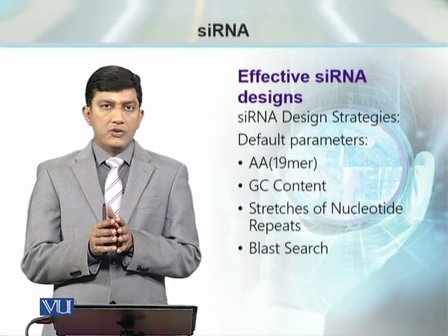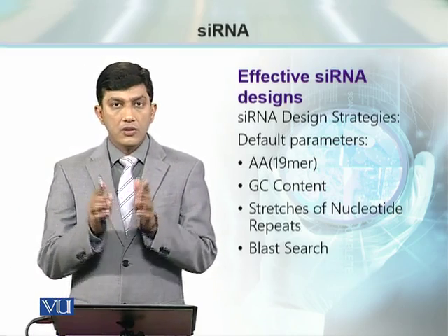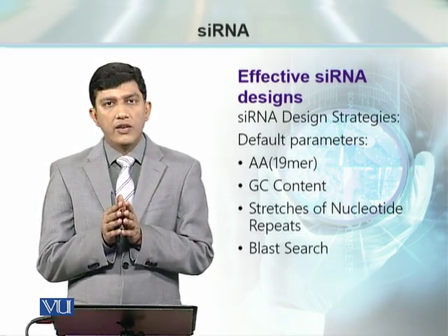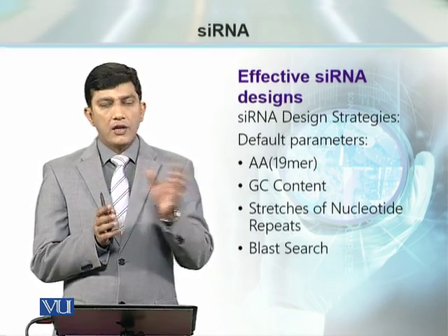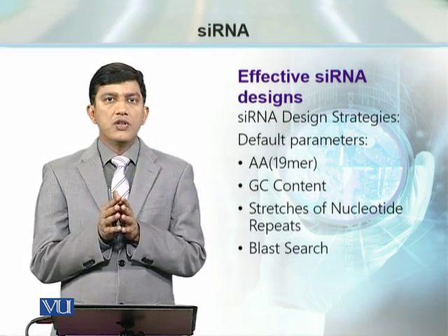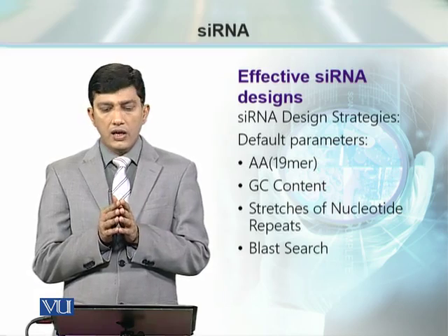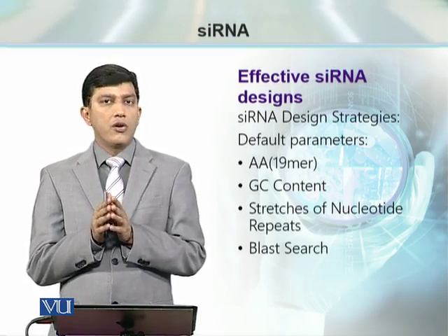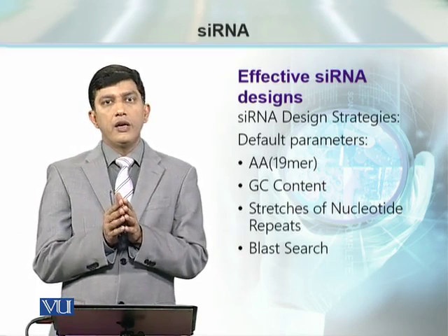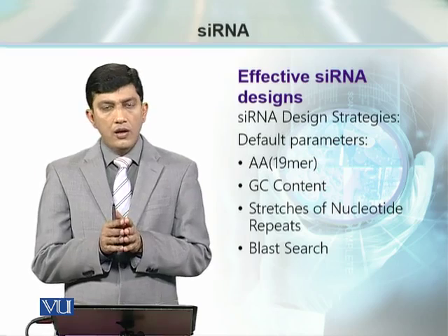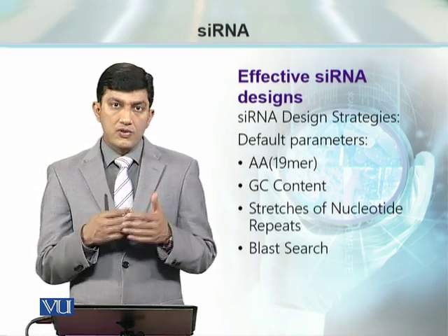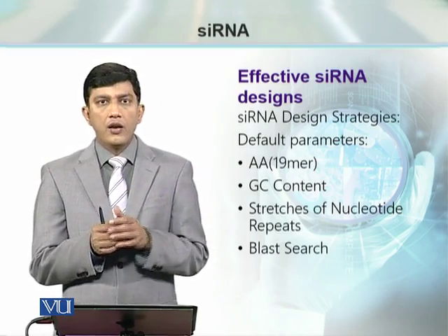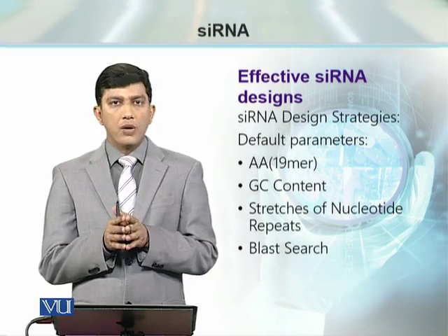For that purpose, we have to look at the number of nucleotides in the siRNA molecule, what should be the starting nucleotide of siRNA, then percentage composition of GC content, G और C nucleotide कितने % होने चाहिए, and repeated sequences होने चाहिए या इनको अवॉइड करना चाहिए, and the final confirmation comes from blast search.